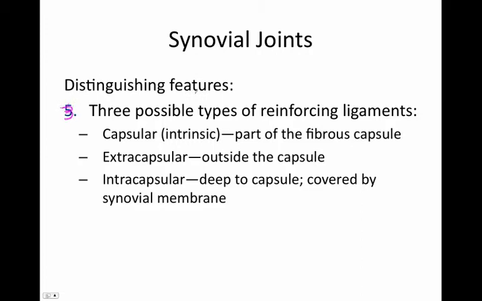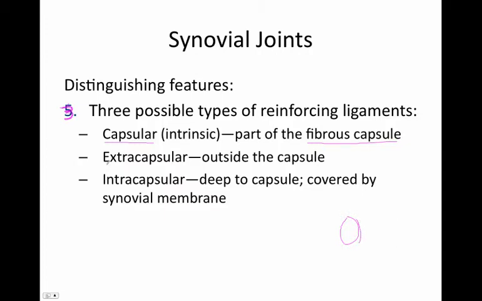And there are 3 possible types of reinforcing ligaments. There are capsular or intrinsic, which are a part of the fibrous capsule. There are extracapsular that are outside of the capsule, and intracapsular that are deep to the capsule, covered by synovial membrane. So intrinsic or capsular, extracapsular, and intracapsular. So if we're capsular, we're in the fibrous capsule, so we're on that outer portion of this model.